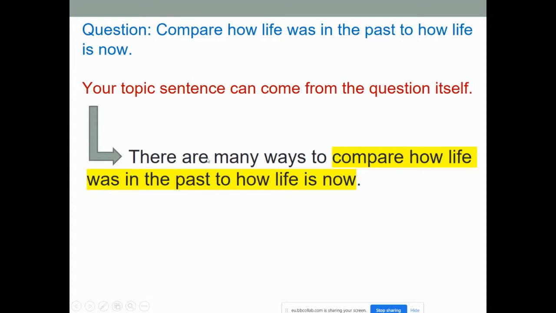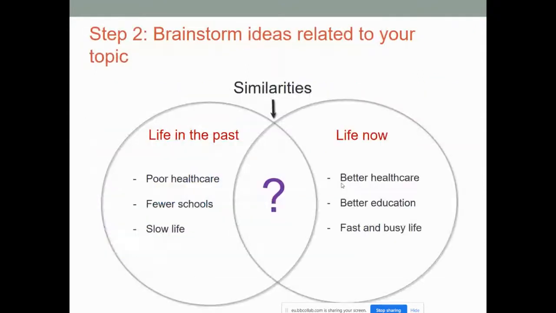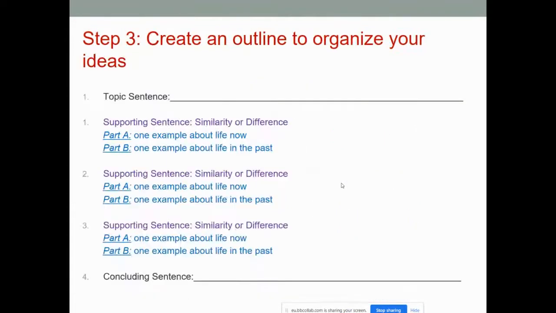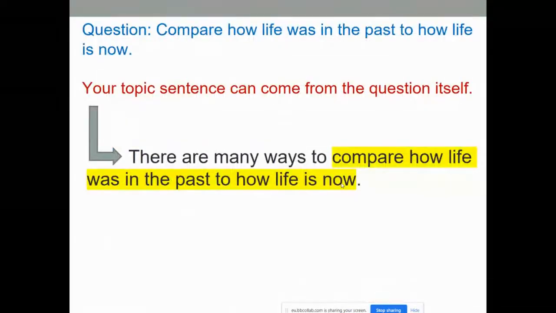So you just have to add a preamble. There are many ways to compare how life was in the past to how life is now. So simply you can add some ways. These are those ways which I discussed before. I said you take 3 ideas minimum. So these are the ways which you can use to mention in your topic sentence.